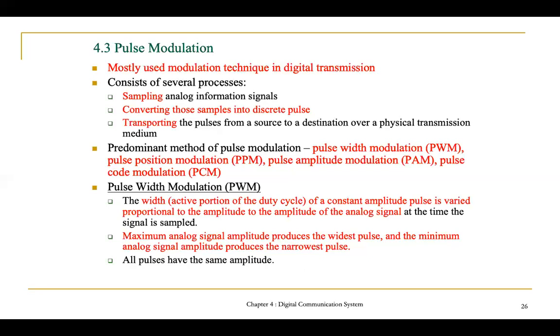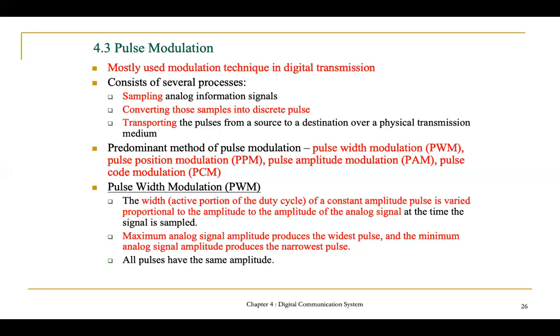The maximum analog signal amplitude produces the widest pulse, and the minimum analog signal amplitude produces the narrowest pulse. Later I will show you the figure to show the difference between the pulses when the amplitude of the analog signal varies.